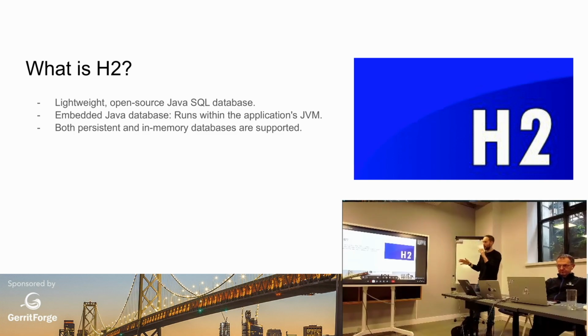We'll talk about that in a second. Also, if you go to the documentation, you will see that they mention there is an in-memory and a persistent version of H2, and H2 can do both. What we're talking about today is the persistent layer of caching. The in-memory caches, so when Gerrit is running, are actually done by Caffeine. But today we're talking about the persistent layer.